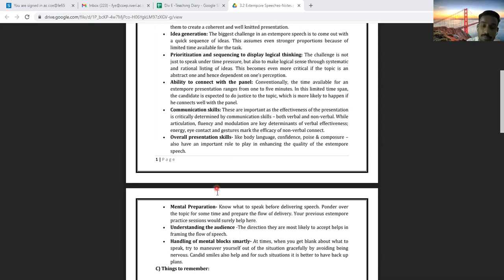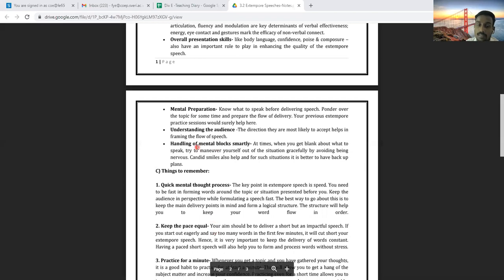Then your mental preparation, how you are prepared mentally, understanding the audience, whether you are taking the audience into consideration or just speaking, whether your audience understands what you speak, and handling of mental blocks smartly, like if there are some disturbances, how you manage them.